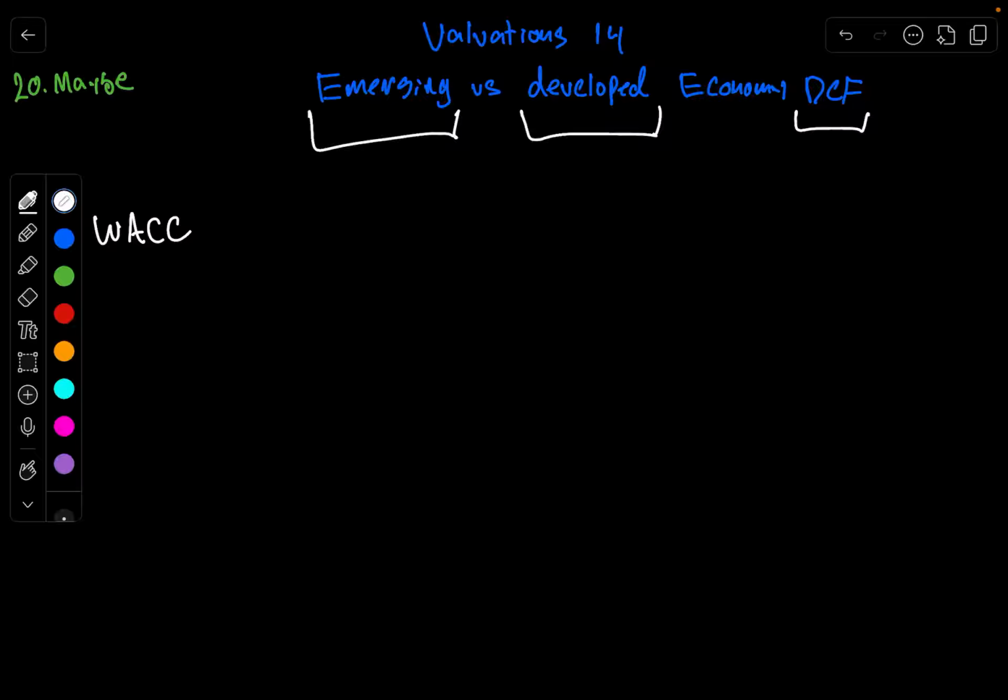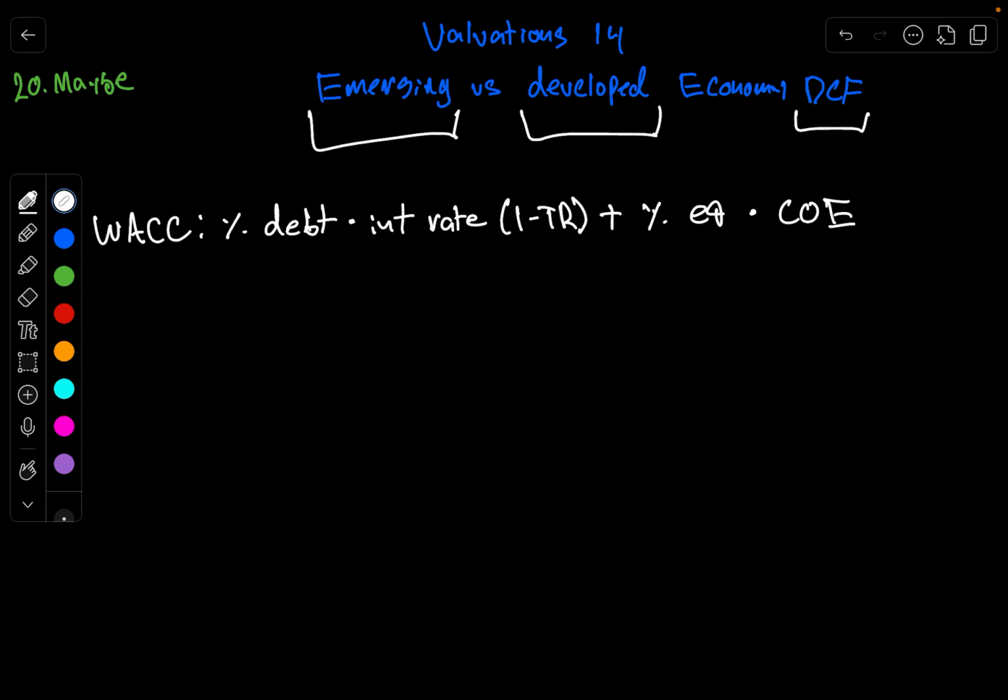We know that our weighted average cost of capital is the percentage of debt in a company times the interest rate on that debt times 1 minus the tax rate, plus the percentage of equity times the cost of equity, right?